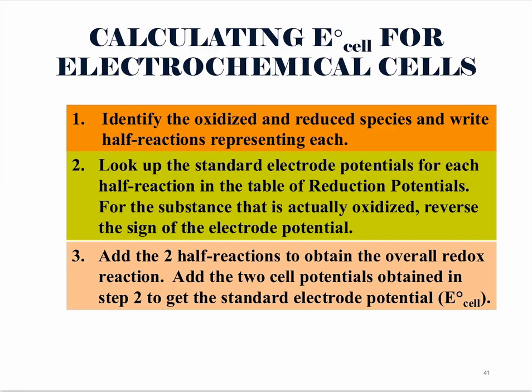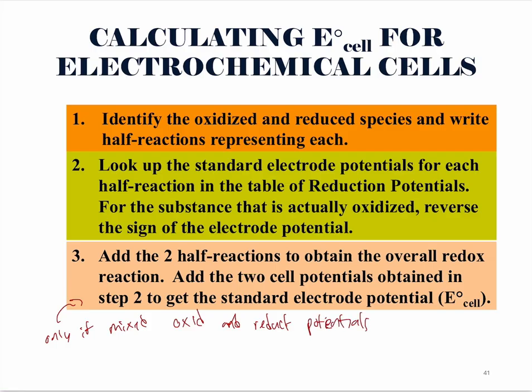Add the two half reactions together to obtain the overall redox reaction. Then you add the two cell potentials obtained in step 2, and this is only if it's mixed oxidation and reduction potentials. This is just what I wrote on the previous page.